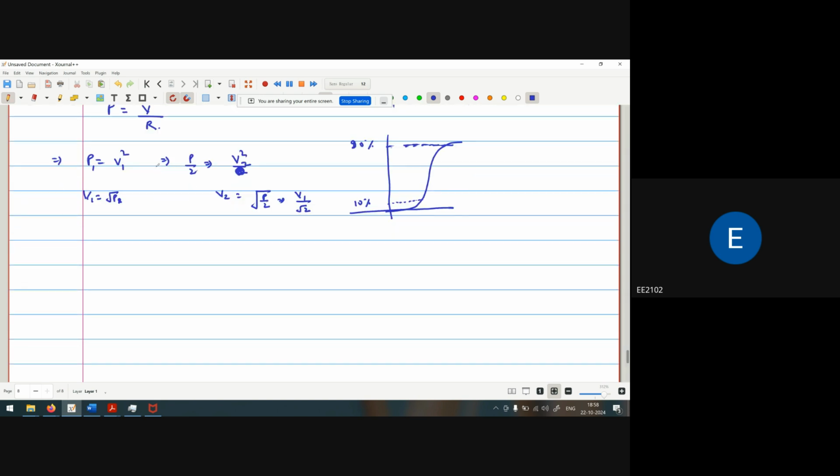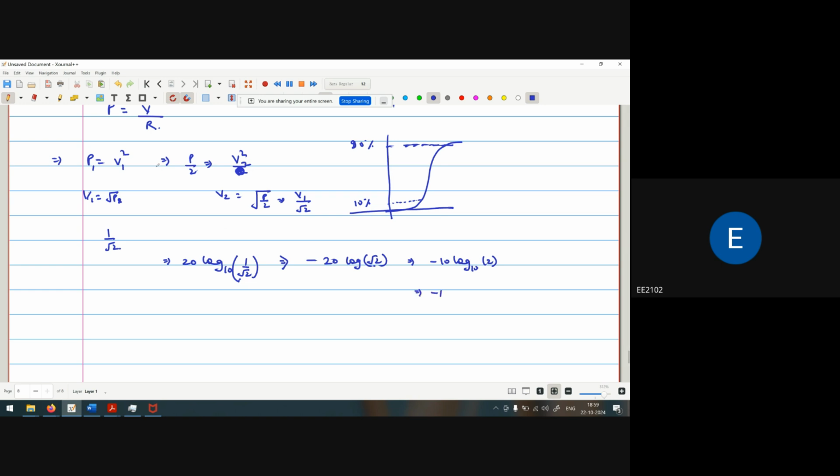If you calculate the value in dB, 1 upon root 2, so 20 log 10 of 1 upon root 2. That is minus 20 log 10 root 2, or minus 10 log 2.